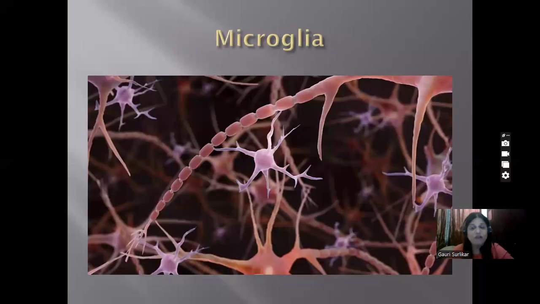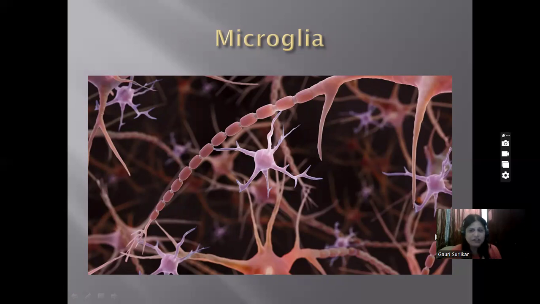The second type of glial cell is called microglia. Can you see, I am pointing to the microglia. Microglia are also called brain macrophages. What is microglia called? Brain macrophages. And do you know what their function is? Brain macrophages have only one function, that is they engulf cell debris, okay, dead neurons and all.